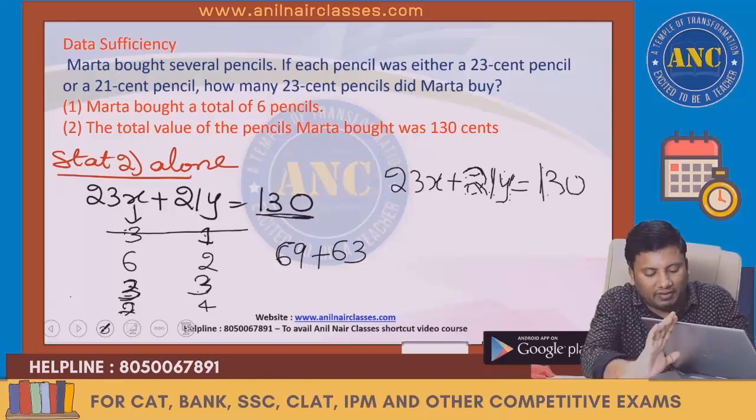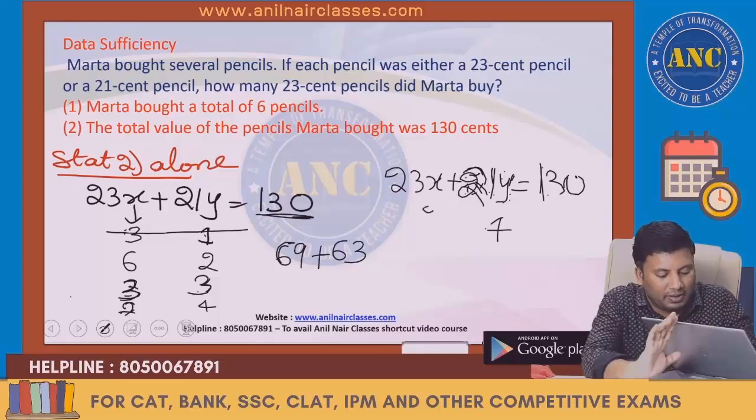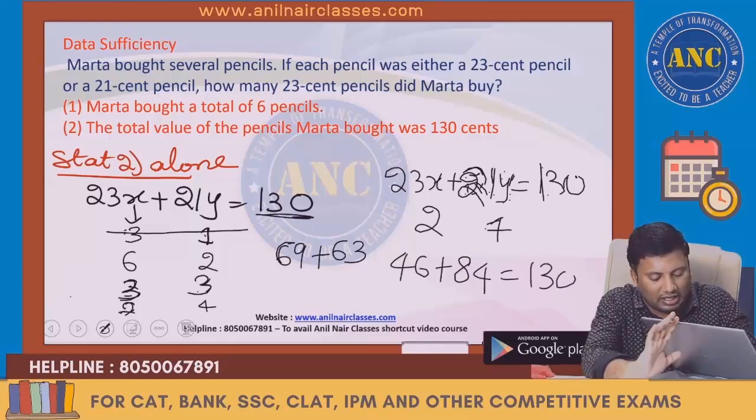I am finding the values, sir. If y is 4, x will be 2. 23 twos are 46. 46 plus 84 is 130.